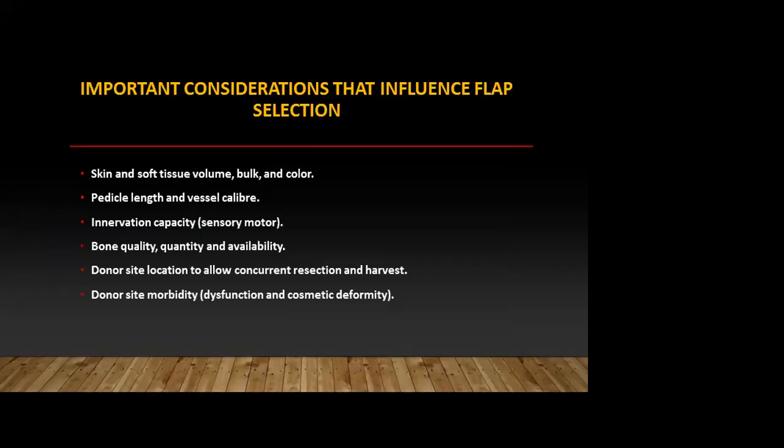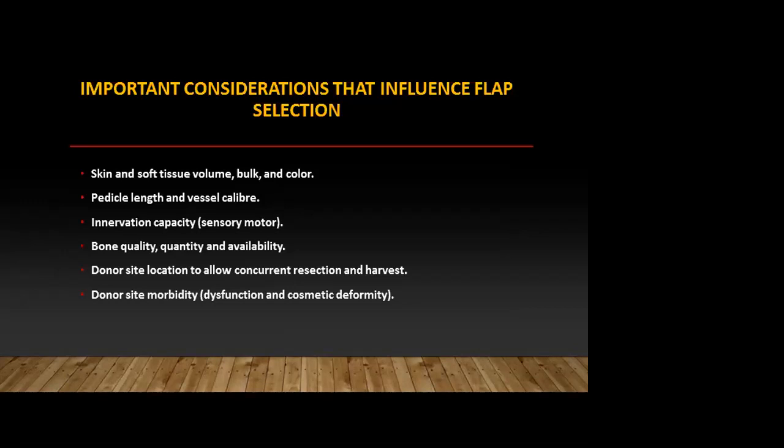So when we make up our mind to reconstruct a defect with a free flap, the important considerations that will influence the flap selection are the skin and the soft tissue volume: how much is the skin defect, how much is the soft tissue defect, and the bulk and the color match.